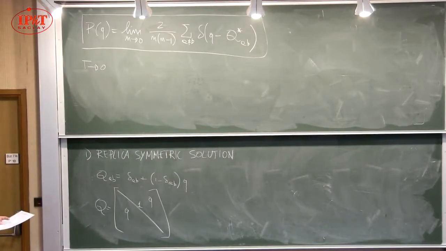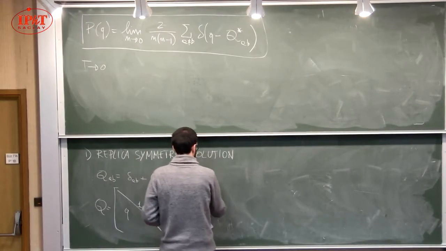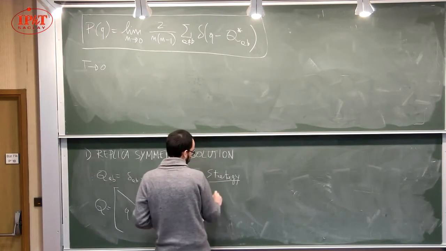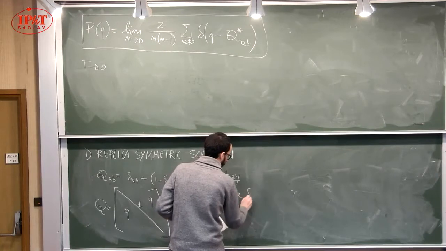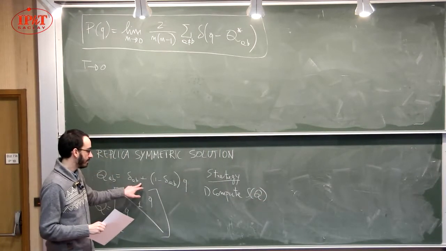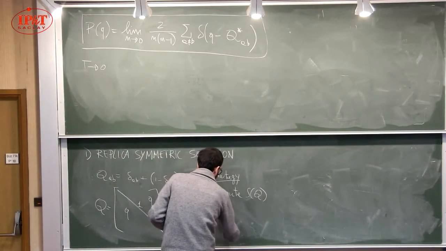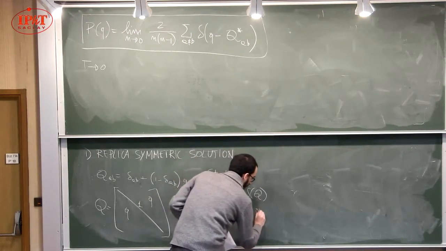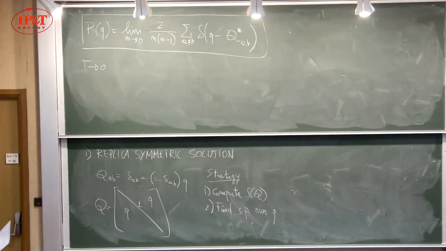Now the strategy is the following. First, we compute S of Q on this ansatz. And then we find the saddle point over small q.